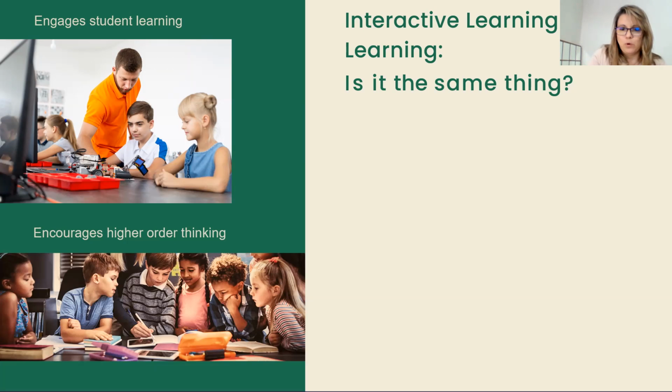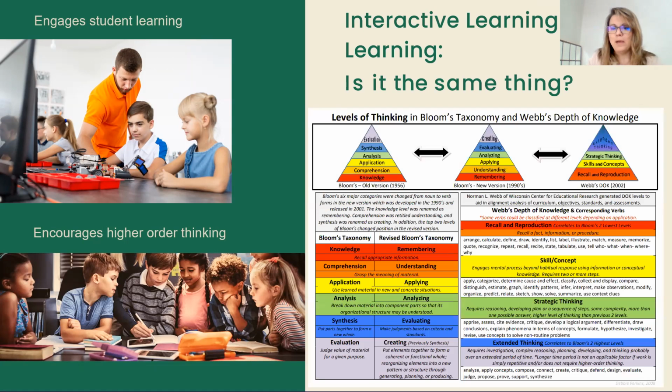So one thing I wanted to point out is my go-to tool when thinking about active learning and how to develop activities, discussions, quizzes, and so forth is to refer to Bloom's taxonomy. Dr. Benjamin Bloom developed this order of thinking categories.